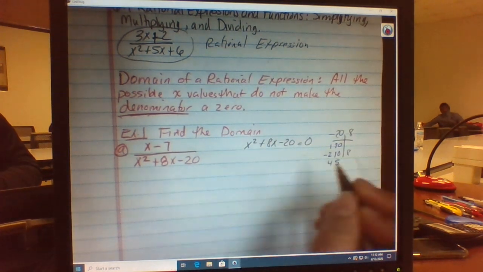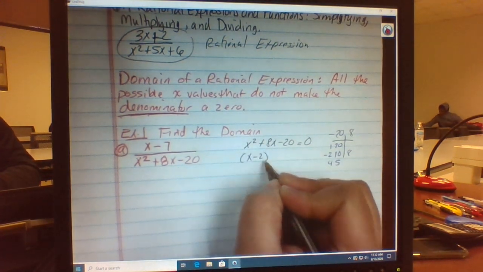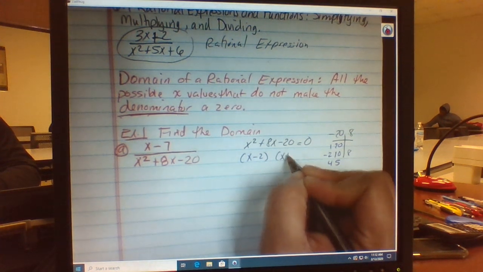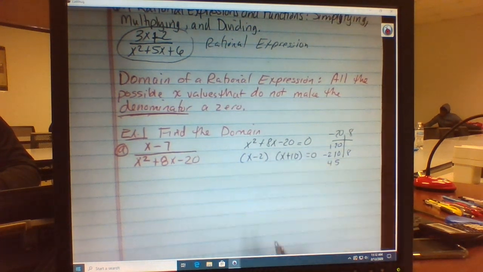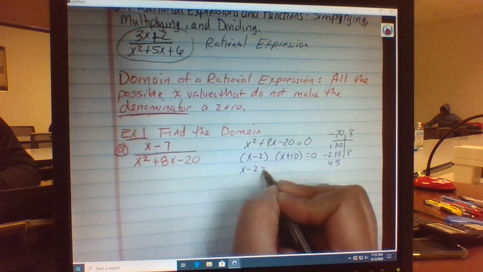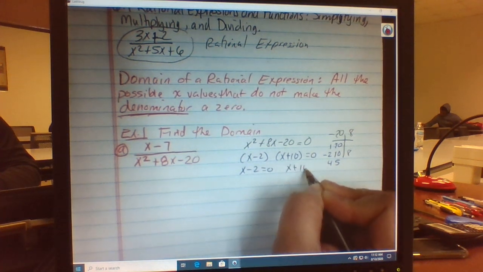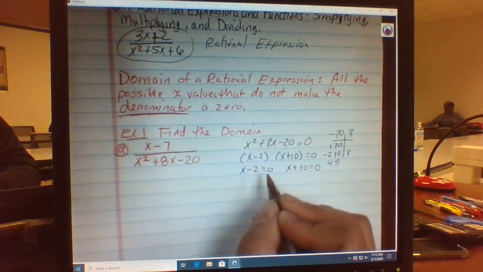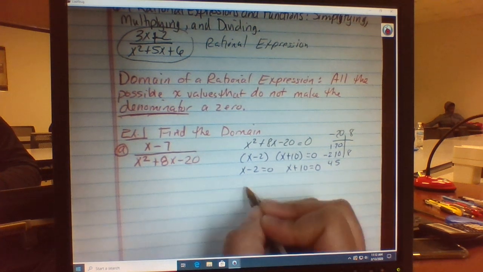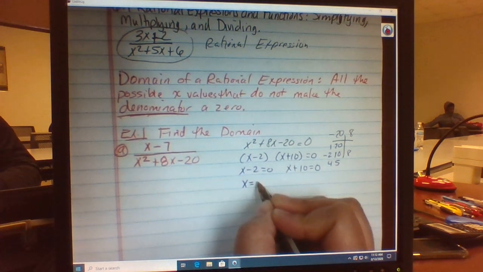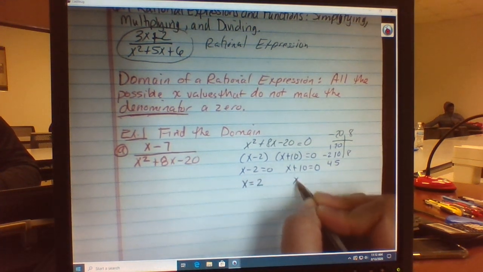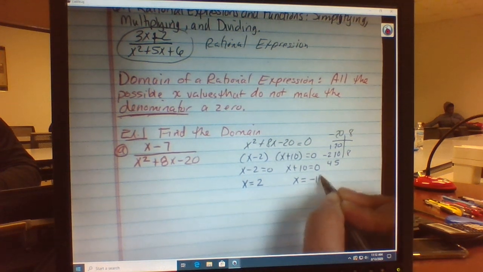So this one gives me an 8. I have x minus 2, x plus 10 equals 0. So x minus 2 equals 0, x plus 10 equals 0. When you solve each one, this becomes x equals 2, and this becomes x equals negative 10.